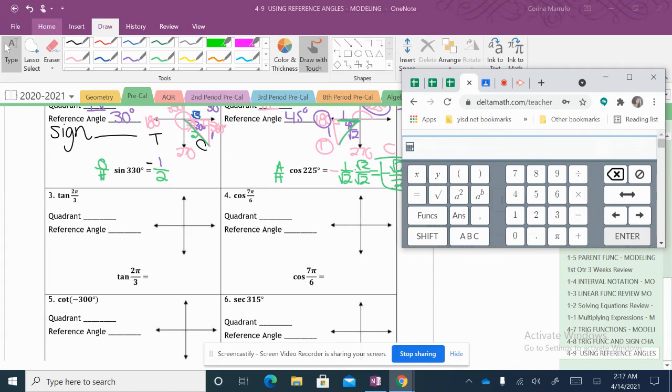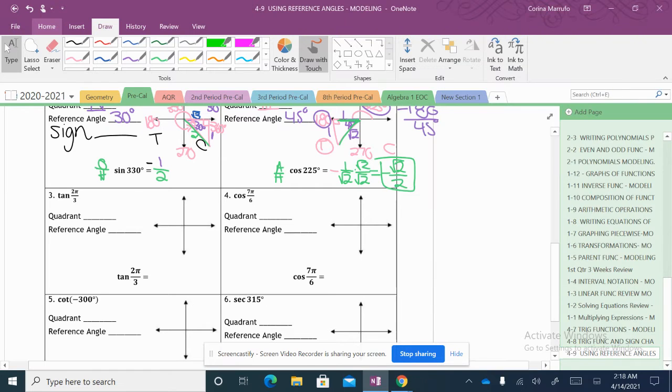So then I would have to put in the square root of 2 over 2. That should be our answer. See how it gave us 0.707 again. All right, so moving on to the next one.